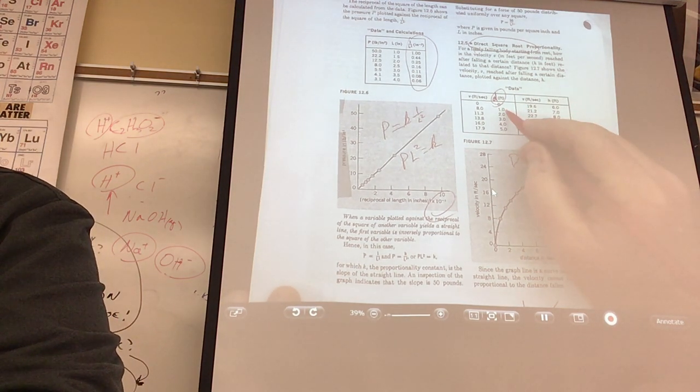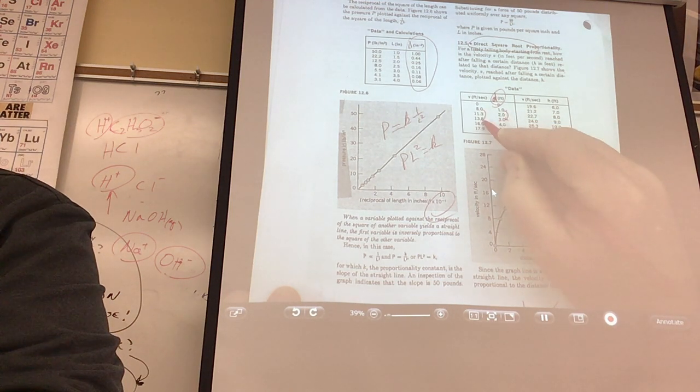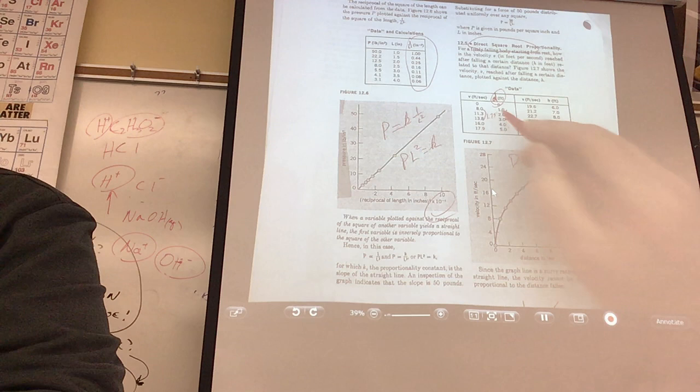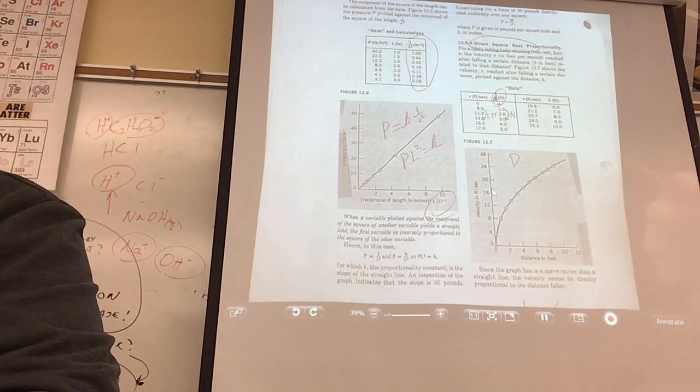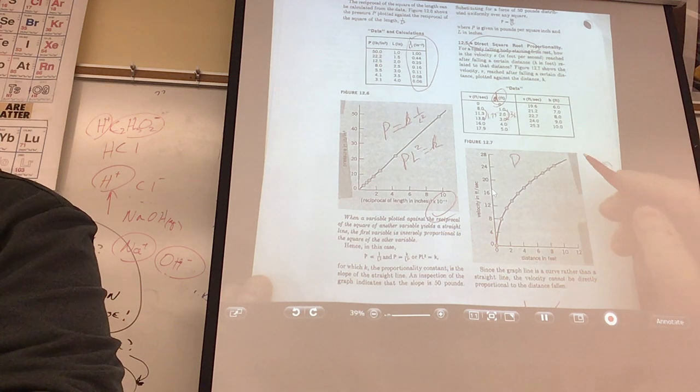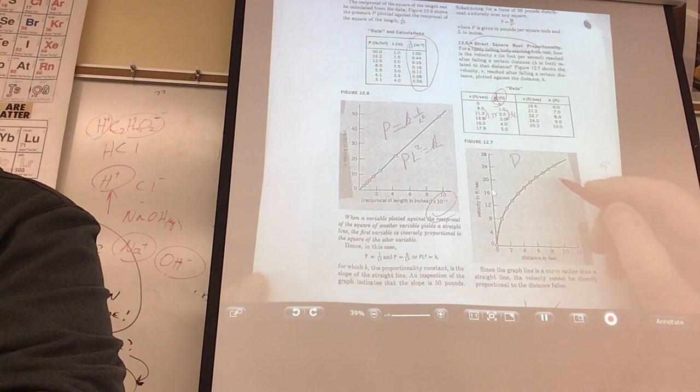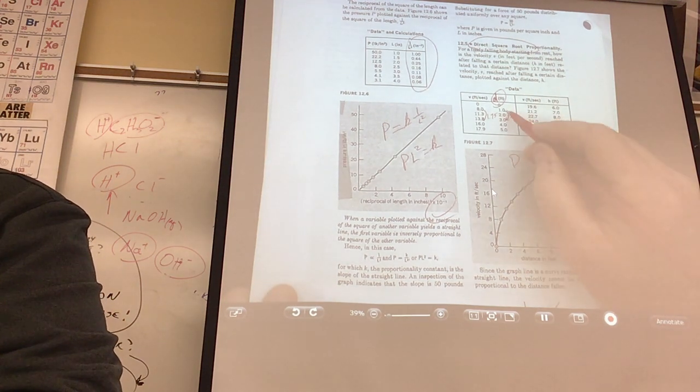Now, if I go from 1 to 3, I saw one group do that, and then they had to figure it out. This is 1.7 something, and they said, I don't know what that means. I get it. You happened to pick a weird number, 3, and how many people know the square root of 3? That's why you didn't pick up on it. Now, what if you went from 1 to 4?